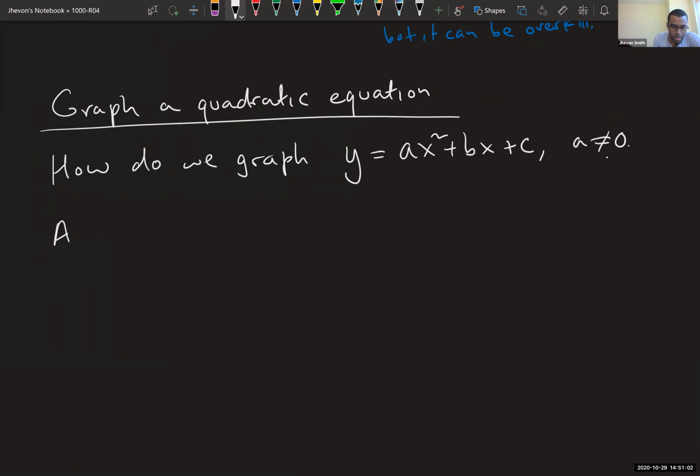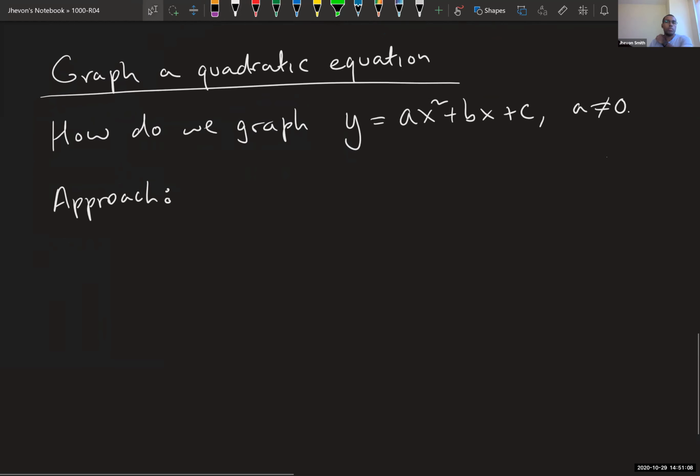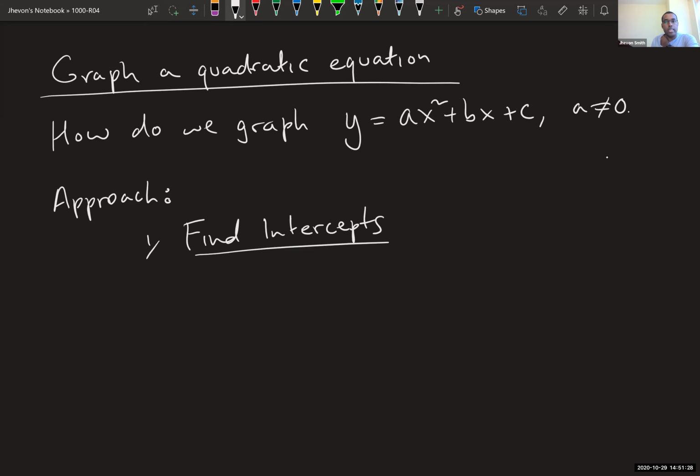How do you go about graphing it? You find the X-intercepts and then the Y-intercepts by setting, for X-intercepts, you set Y to 0, and the other way around for Y-intercepts. Right. So first thing is to find the intercepts.